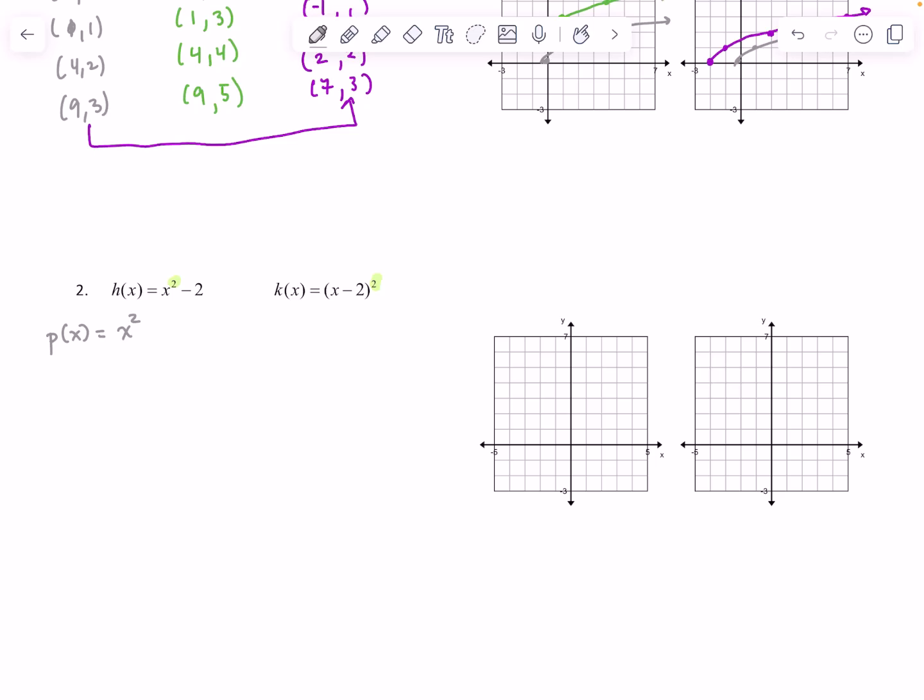And that was the one that went through 0, 0, 1, 1, -1, 1, 2, 4, and -2, 4. So I'm just going to sketch those points in and draw a little picture of our original parent function for us to work with on both of these axes. Whoops, I did not make those last 2 points high enough. I thought that looked weird. 2, 4, -2, 4. All right, there we go.